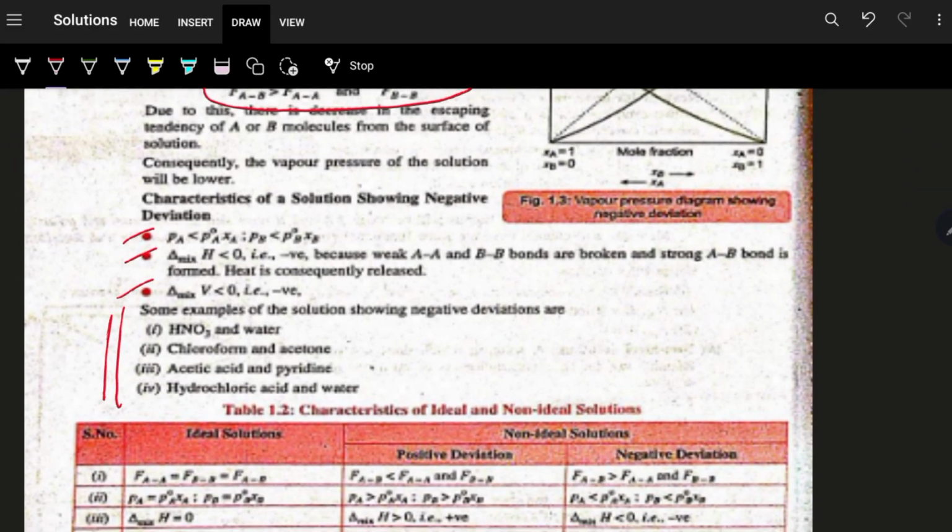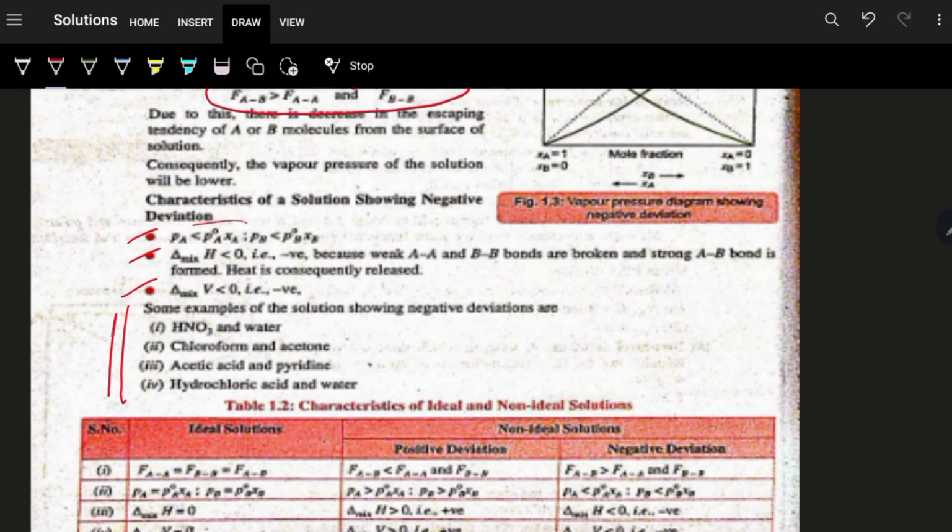So PA is less than PA naught into XA, PB is less than PB naught into XB, delta H mix is less than 0, delta V mix is less than 0.